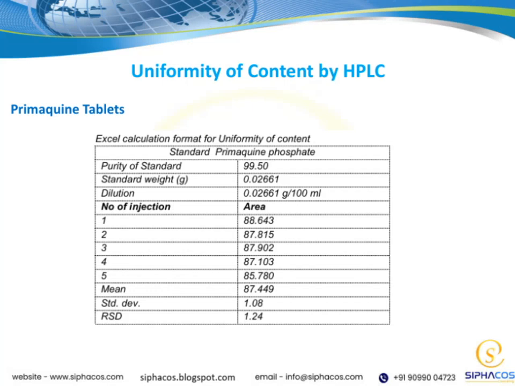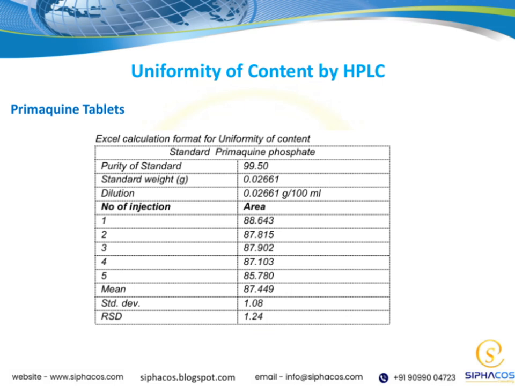Now, let's take a closer look at the primaquine tablets and how we assess their quality. One key aspect is the uniformity of content, which is crucial for ensuring each tablet delivers the correct dose. To evaluate this, we use high-performance liquid chromatography, or HPLC, a highly precise analytical technique.